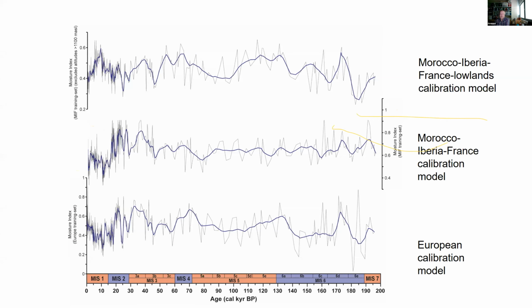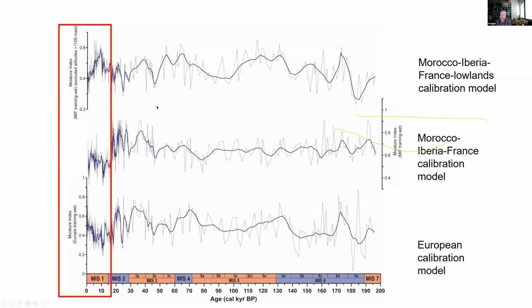And finally, the Morocco, Iberia, France lowland calibration model. Now the mountains are excluded. And now we see how big a difference this makes. Suddenly, the Holocene becomes wet. It has higher moisture index values than, for example, the last glacial max. So now we can ask, was the Holocene in the Iberian Peninsula wet or was it dry?